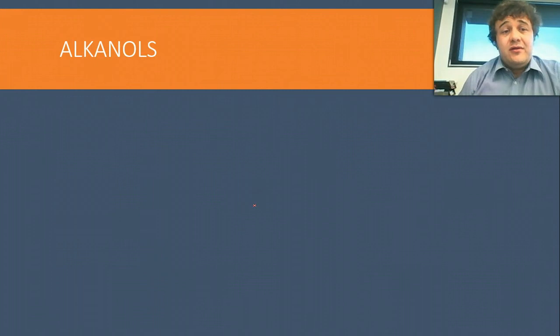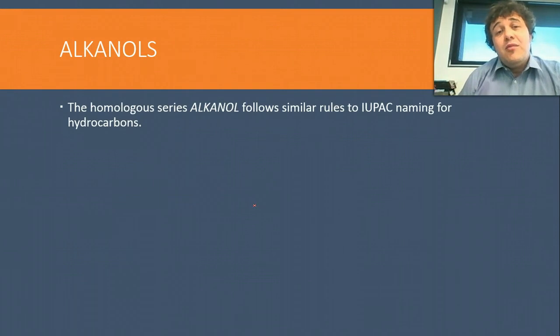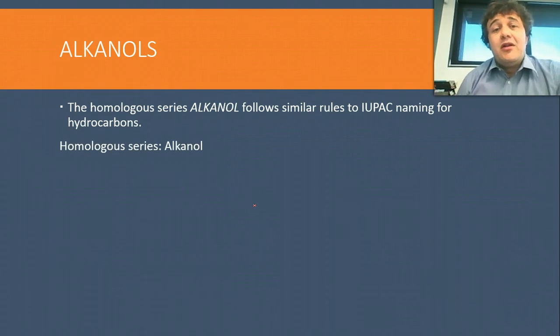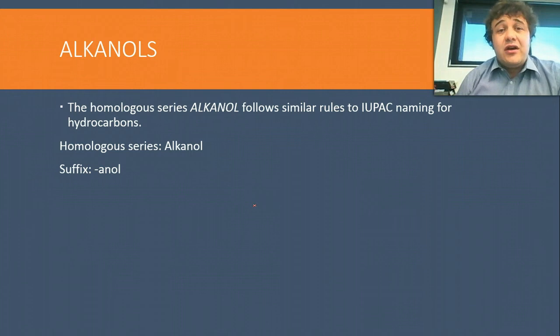Okay, so alkanols. Basically, the homologous series alkanol follows similar rules to the IUPAC naming for all the other hydrocarbons. The homologous series is alkanol. The suffix anol goes on the end of every chain.